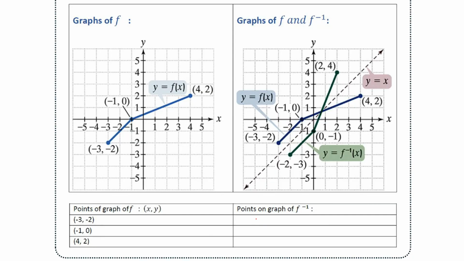So the points on a graph of the inverse of f would be (-2, -3), (0, -1), and (2, 4), which you see here in green on the graph above. We have our inverse of f of x at those points with those points connected. Okay, and of course, f and its inverse are reflections of each other over the line y equals x.